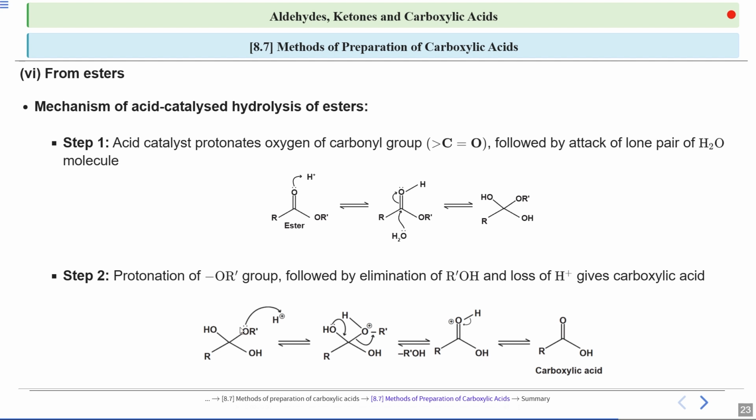If you look carefully, we have protonated this OR group, and after this you will see that it leaves as ROH, which is an alcohol. And finally, we do the deprotonation, that is, it will lose one proton to give you the corresponding carboxylic acid. So that is how from an ester we get a carboxylic acid.